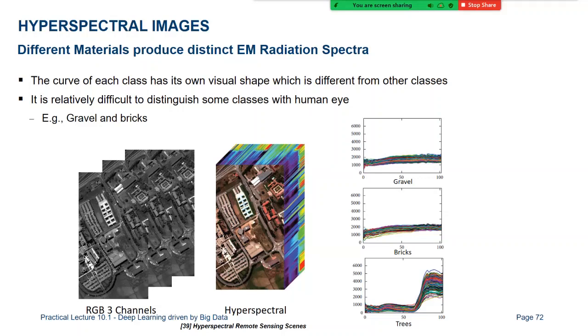And the interesting fact is that these are pixels that belong to different classes. So you have gravel here, bricks, and trees. And you can see how, by looking at different portions of the spectrum, the value changes according to the type of class you consider. So if you want to distinguish trees from these 2 different classes, you can consider the features in this particular part of the spectrum, because the pixels have completely different values than the other 2 classes.